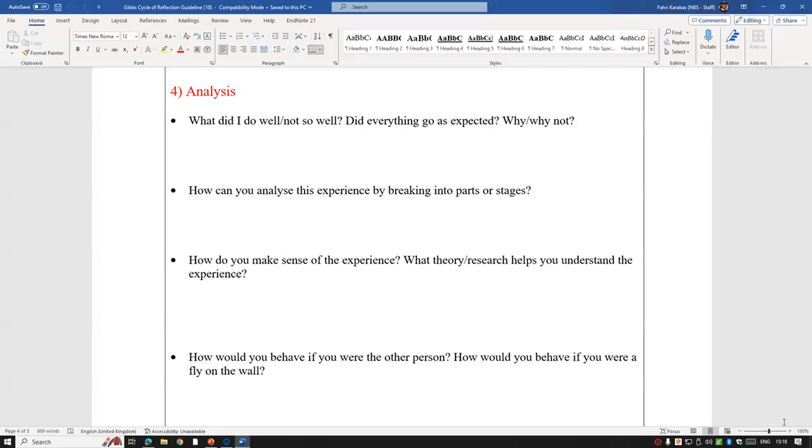Can you break this into parts to analyze, understand it better? If you can, please do it. And explain these parts, stages.